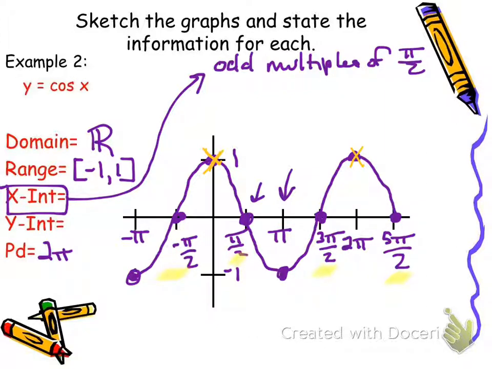They all have a reference angle of pi over 2 because the cosine of pi over 2 is 0. So you could look at your table and see the x-intercepts, right? Cosine of pi over 2 is 0. So every odd multiple of pi over 2 is going to be 0.